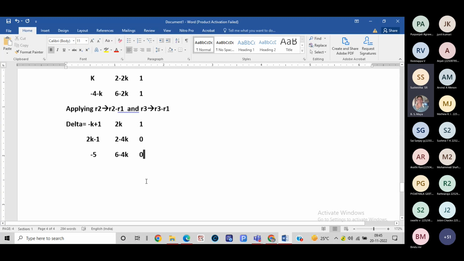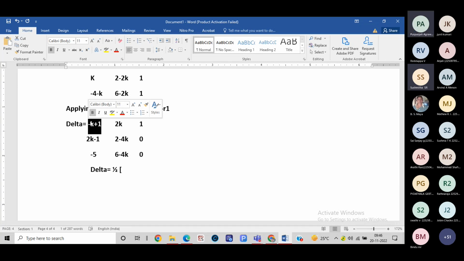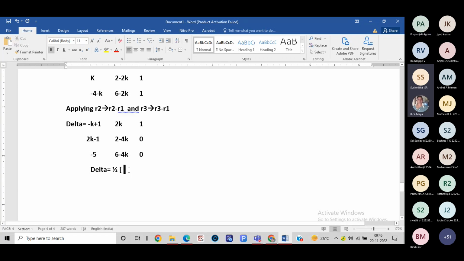You take that column-wise. Anything multiplied with the first column is 0. Delta is equal to, first one, with 1 by 2 outside. Whenever I take this term and multiply with 2 minus 4k, with 0, it is 0, right? This is also 0.